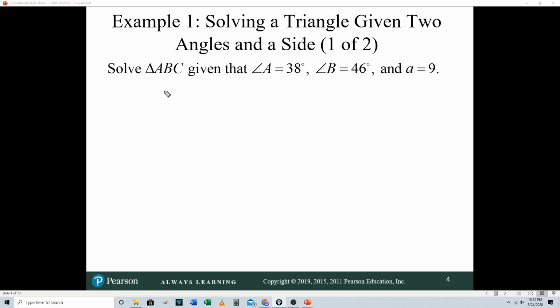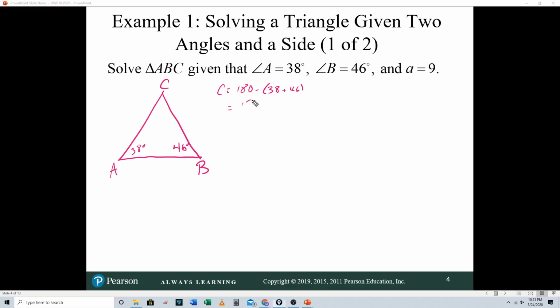Okay. So again, if we have two angles, that's honestly the best situation. Anytime we have two angles, it's the easiest. A, B, and C, where A is 38 degrees. It doesn't have to be to scale, because I'm never going to draw it to scale. B is 46 degrees. Again, I can use the fact that C has to equal 180 minus the sum of 38 and 46.